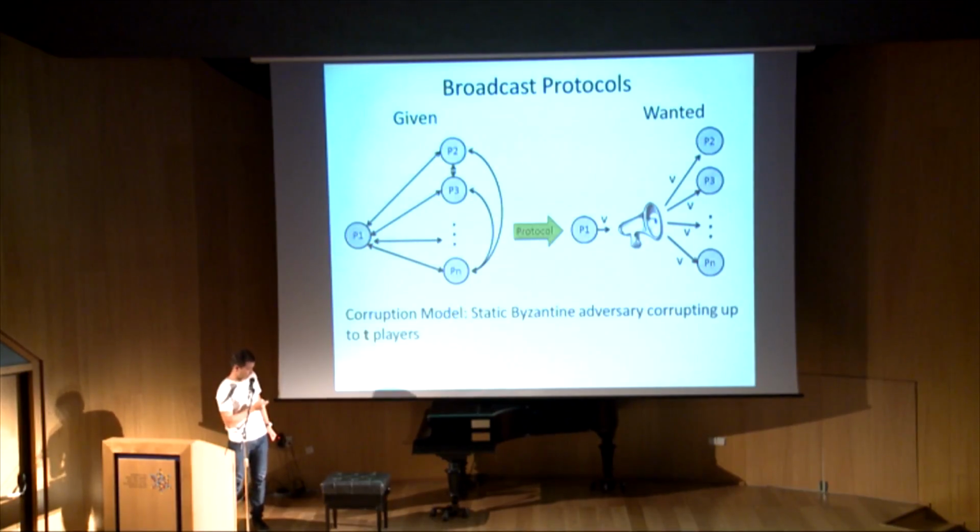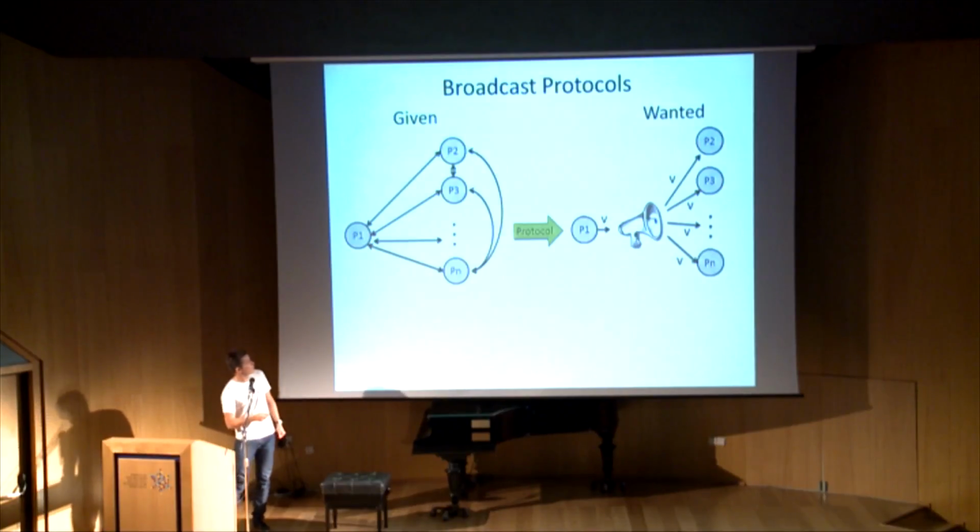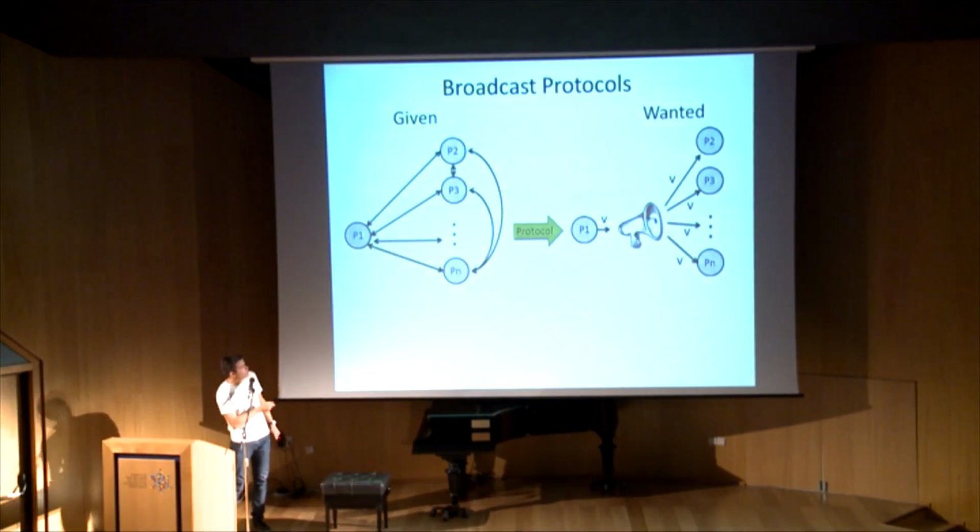Before going further, so far this task seems like an easy task. If you want to simulate broadcast, you can just let P1, the sender, send the value he wants to distribute to everyone else over the point-to-point channels, and everyone will agree on the value sent by the sender. It's very easy.